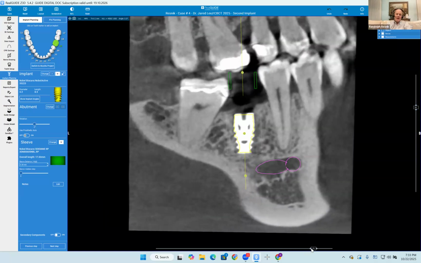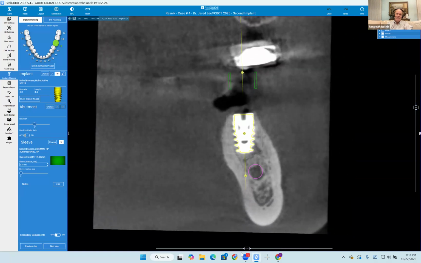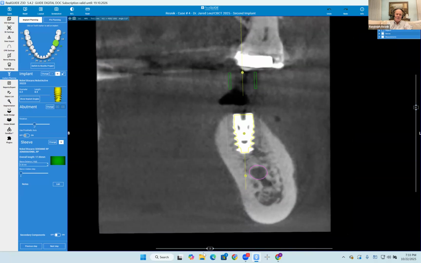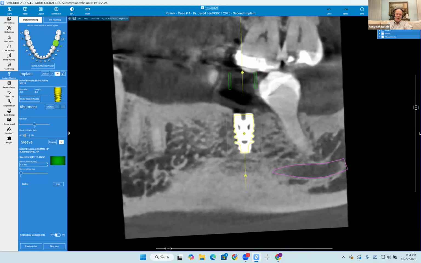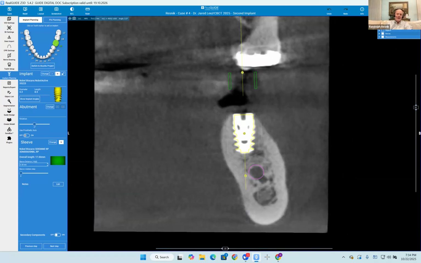Well, if the patient's in pain, I would take it out. The good news is you can just do a conventional fixed partial denture. I would probably say there's too many questions here to go in a third time.